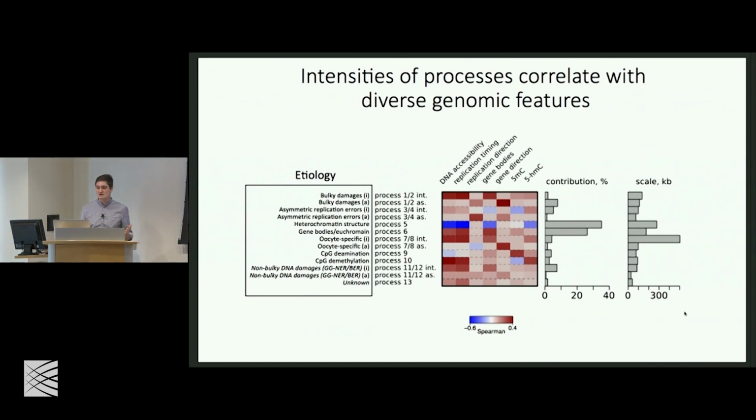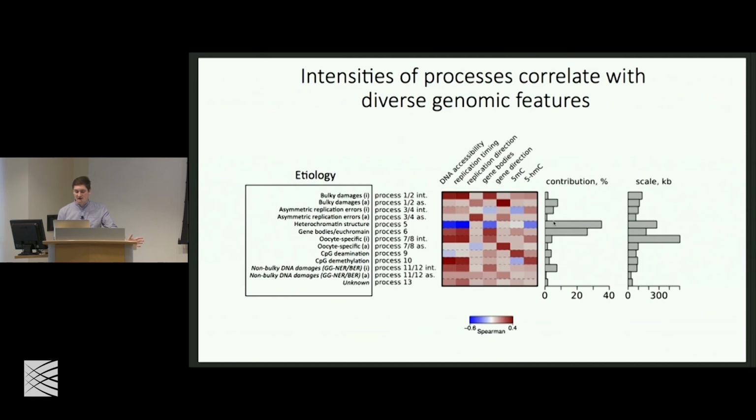The first idea is just to correlate them with a bunch of genomic features or epigenomic features that reflect some biochemical properties of the genome. There are a bunch of things that usually affect mutation properties, and among them are chromatin structure, DNA accessibility, timing of replication, direction of replication, gene bodies, direction of gene bodies, or different chemical modifications such as methylcytosine or hydroxymethylcytosine.